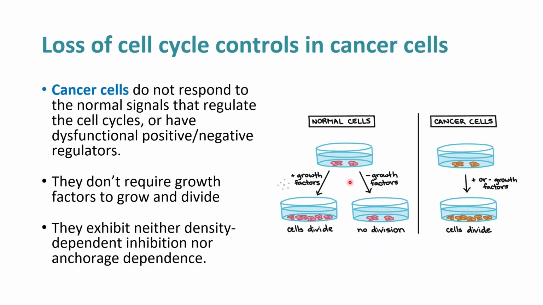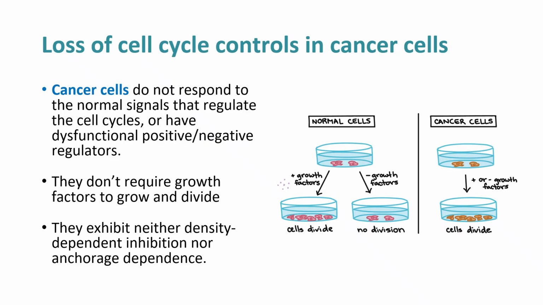So you'll see here our normal cells, we add growth factor, they're dividing. We don't have growth factor, there's no division. Cancer cells, with or without it, you're still going to see them dividing. They're still going to be going through that cell reproduction without going through the cell cycle checkpoints, essentially.